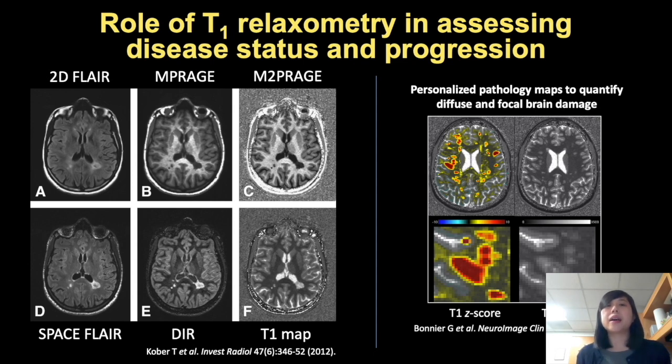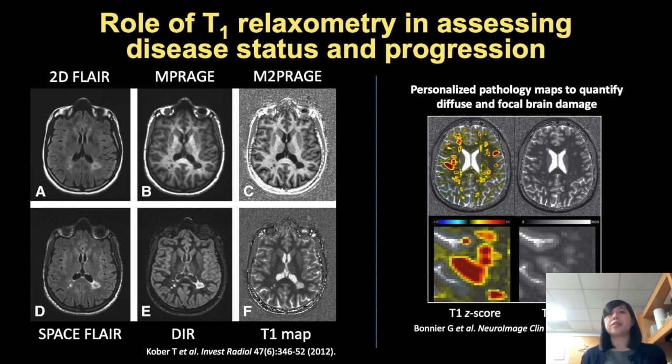And it turns out that T1 relaxometry mapping studies have been used to generate whole brain assessments of multiple sclerosis disease impact and progression. So these studies in the past have found that the global T1 relaxometry changes actually increase with disease progression, predominantly in the later disease stages, and also correlate with brain atrophy.